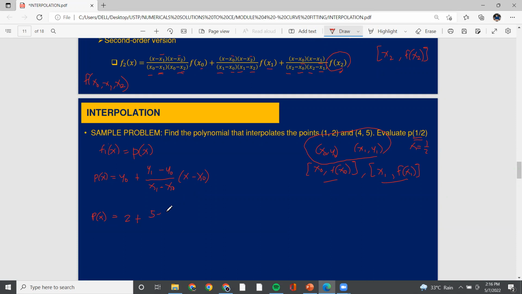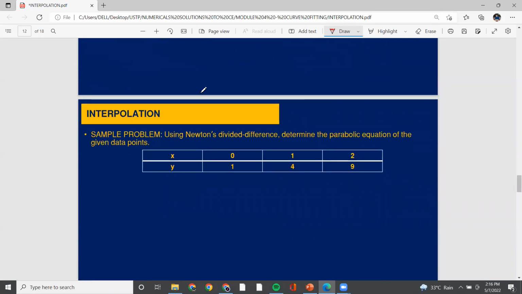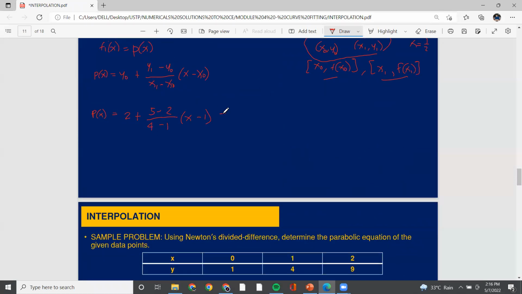Y sub o is 2 over x sub 1, 4, and x sub o is 1 times x minus x sub o, 1. Simplify.